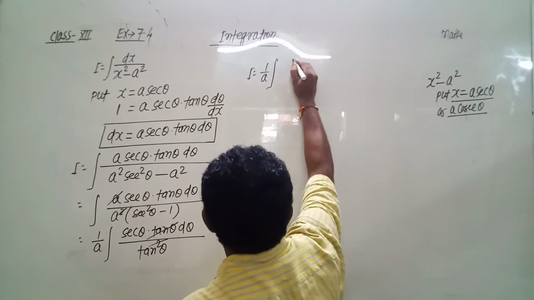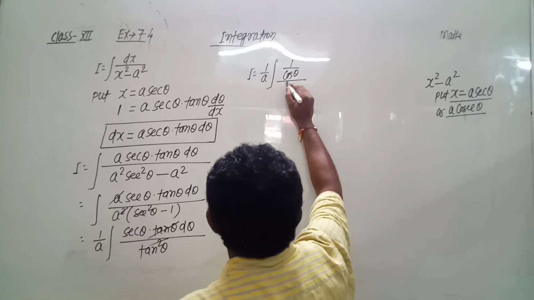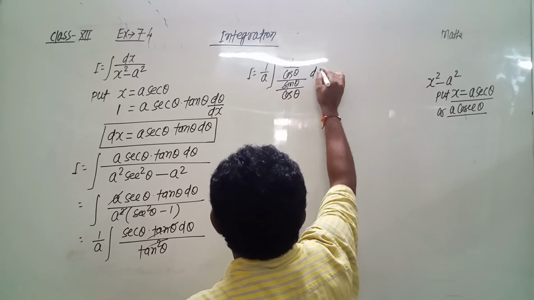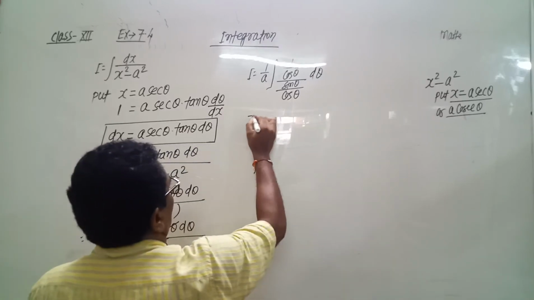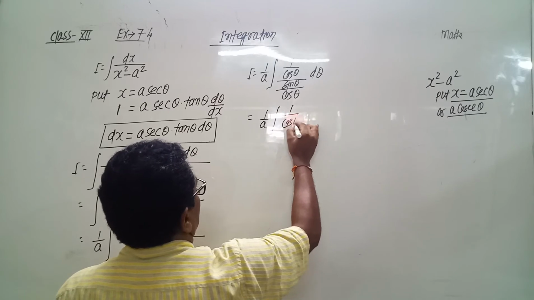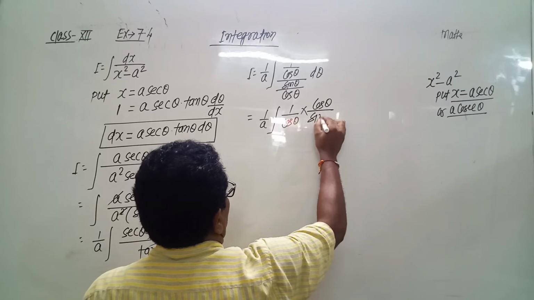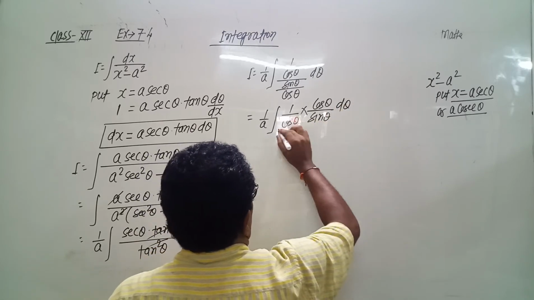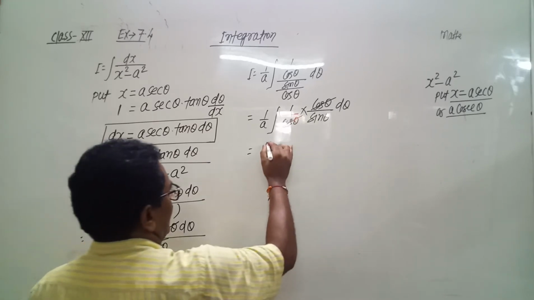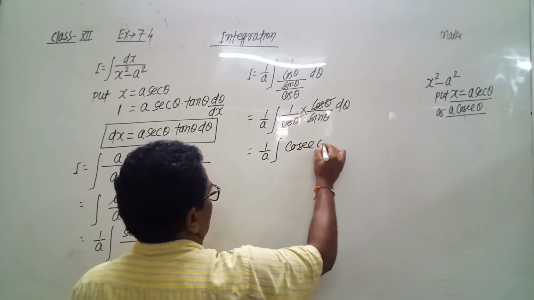So sec theta is written as 1 by cos theta, and tan theta is written as sin theta by cos theta. Now this will be written as 1 by a integration 1 by cos theta into, it becomes reciprocal, cos theta by sin theta d theta. So cos and cos get cancelled and we get 1 by a integration 1 by sin theta, which is cosec theta, d theta.